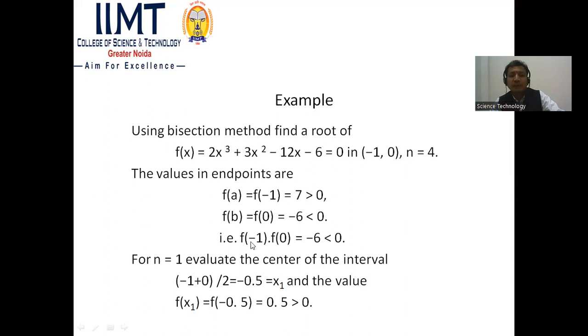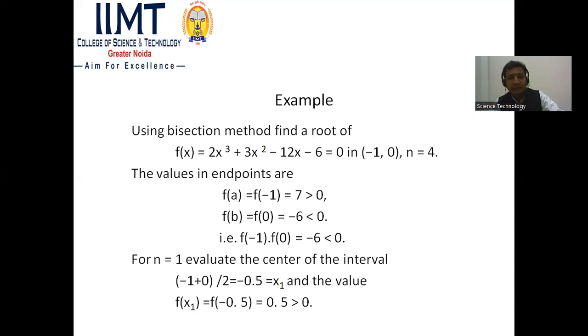So by these two, we notice that FA into FB, that is F at minus 1 and F at 0, here I wrote minus 6, but it should be minus 42, which is less than 0. So we evaluate the center of the interval. We apply the formula and we will get minus 0.5, x1, the first approximated value for the root.